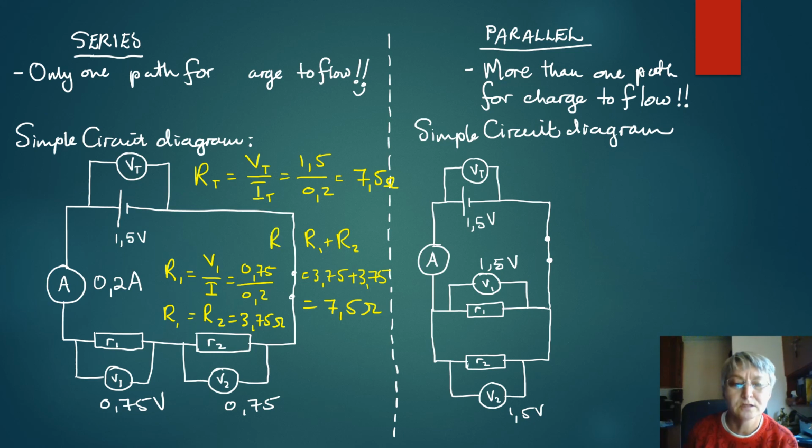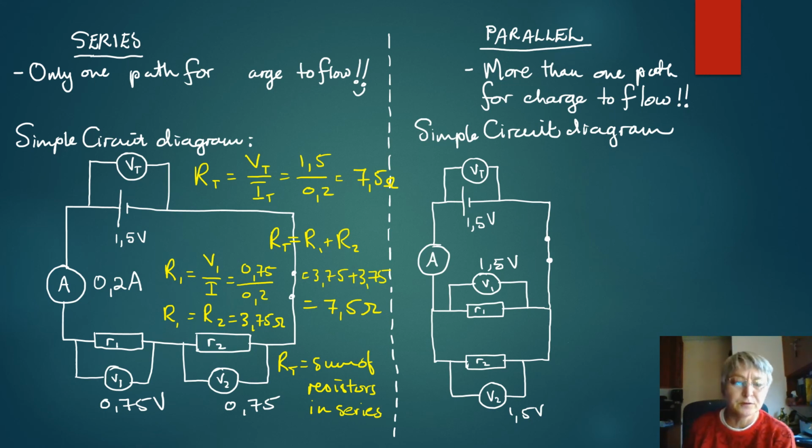So the total resistance in the circuit is the sum of the resistors connected in series. Total resistance is the sum of resistors in series.